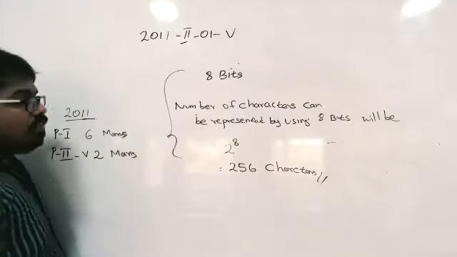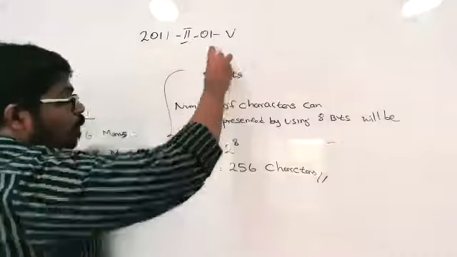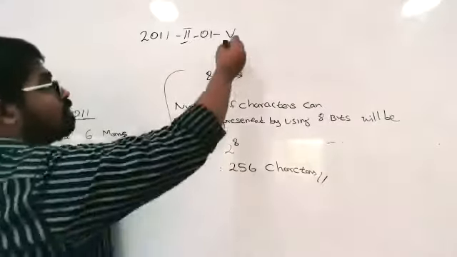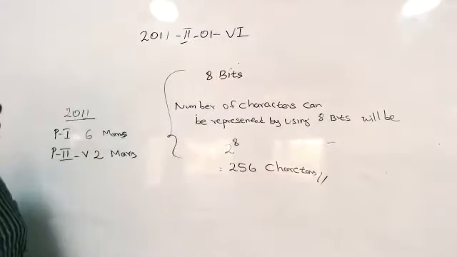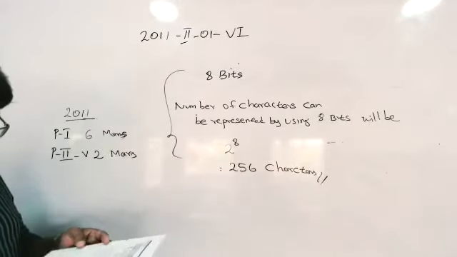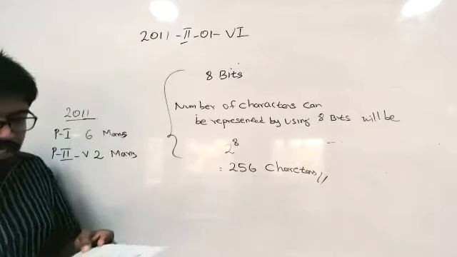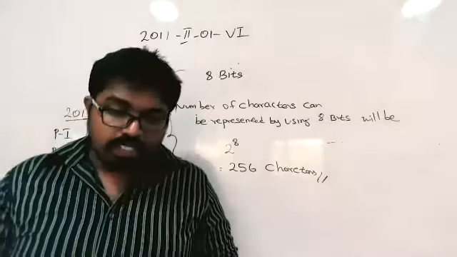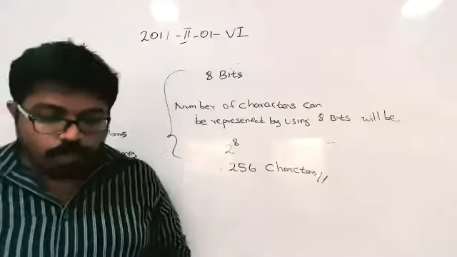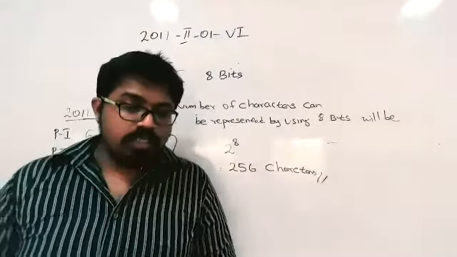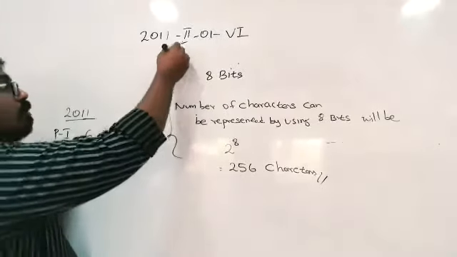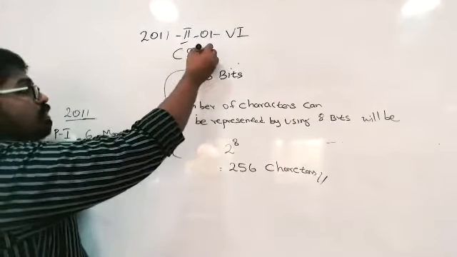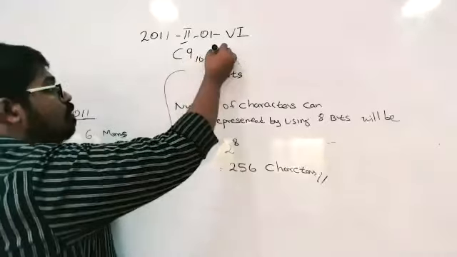Now we will consider part 6. Part 6 also came in the 2011 paper: convert the hexadecimal number C9 into binary, show your computation. So hexadecimal number C9 is given.